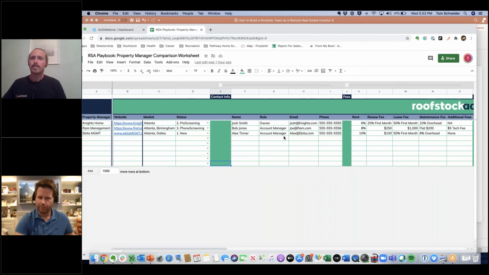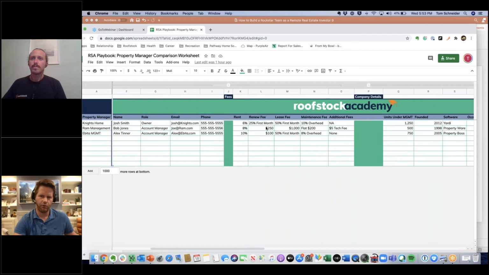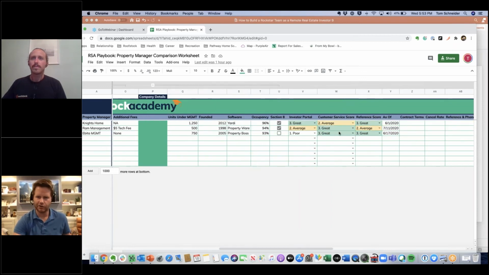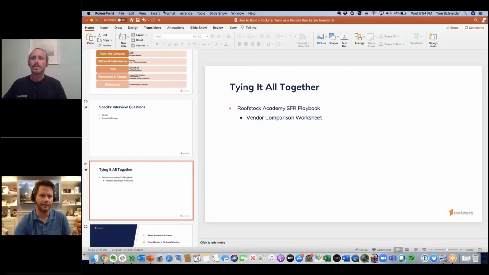You've identified your 3 property managers, you've collected all these key information points, and now you can look through: okay, based on their different fees, this guy's this much, this is this much, okay, how many units, okay, the company details, I looked at their investor portal, their general customer service. After going through this exercise, you can make an informed decision that's not just, this person seems like they're good. You've done a real professional exercise in making that decision. So this is the last piece of the playbook that basically ties it all together in making that decision.